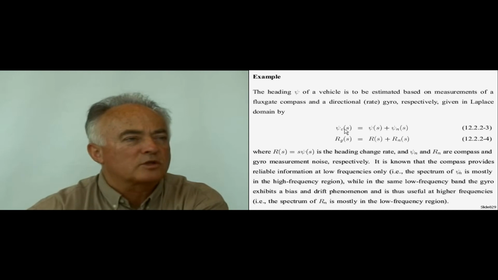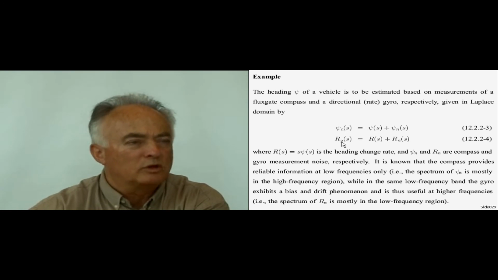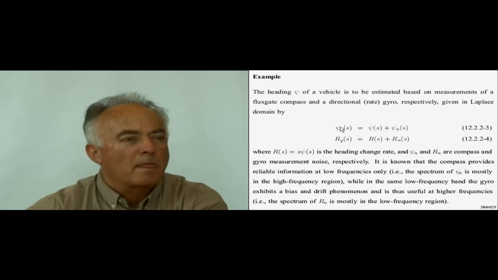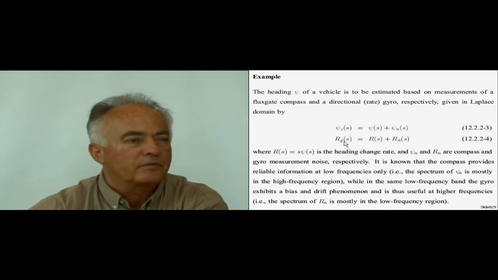So the compass measures the heading, and the gyro measures the heading change rate. So what we have here is two measurements, one of the first variable and the other one of its derivative.